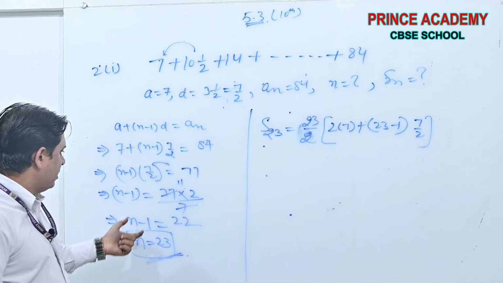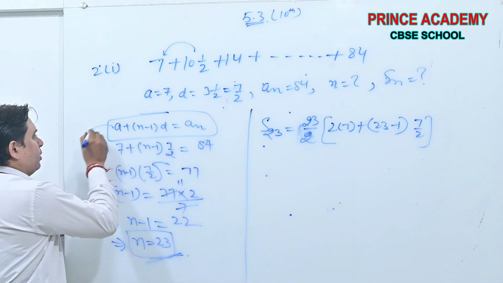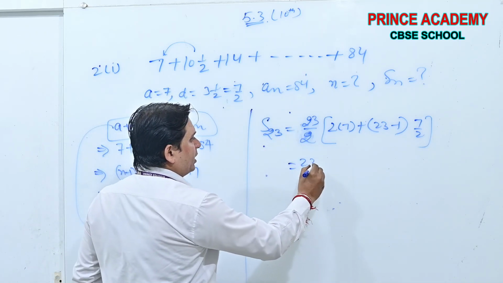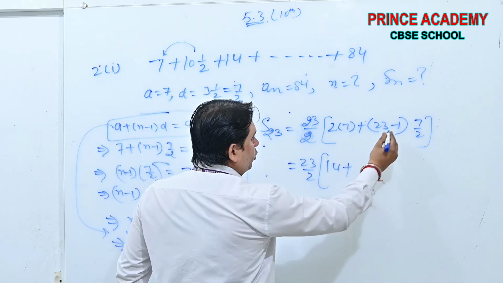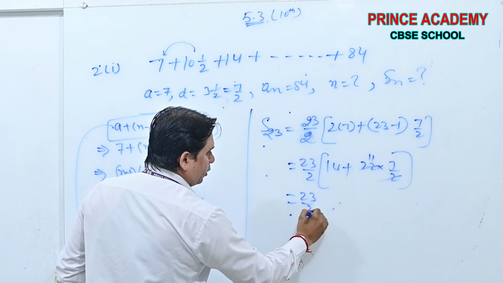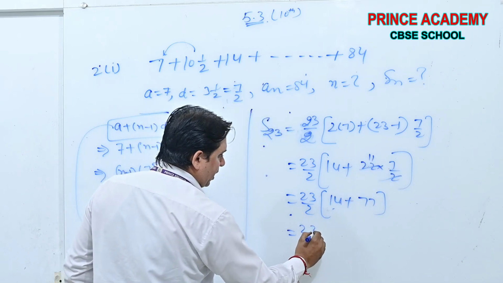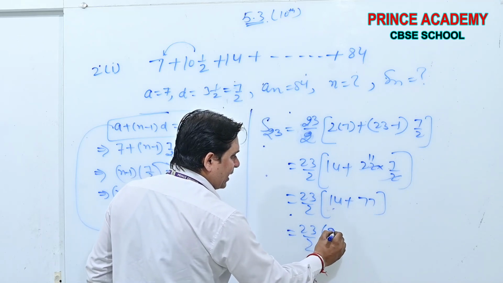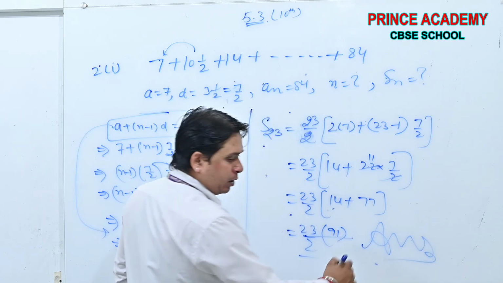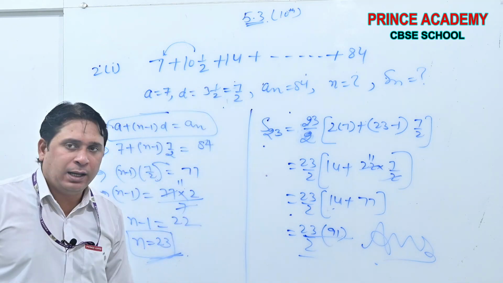From here we got n by the general term formula, and then S23. It will be equal to 23 by 2, (14 plus 22 into 7 by 2), which is 11. 23 by 2, 14 plus 77, yes or no? 23 by 2 into, add these, you will get 91. The product of these by 2 will be the answer. Okay, done beta.